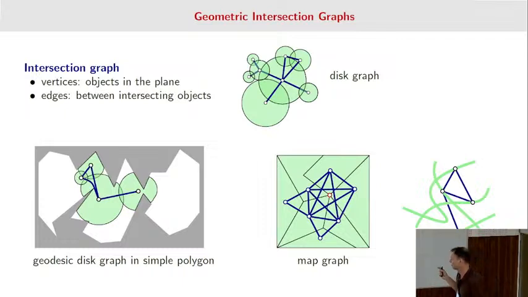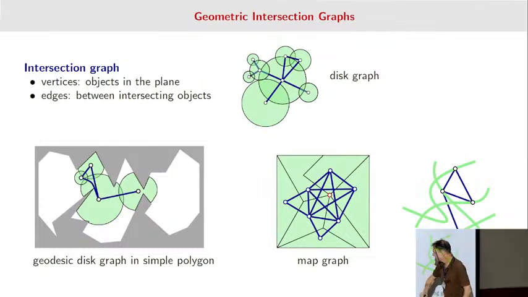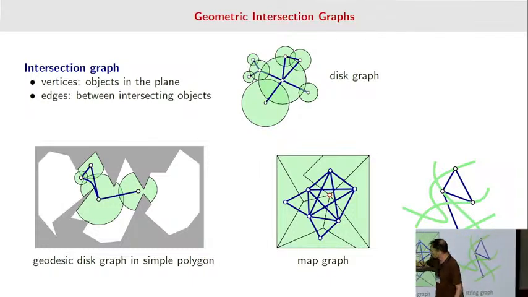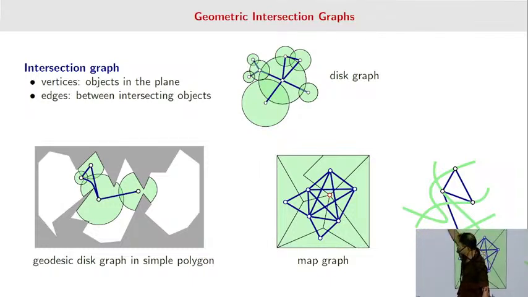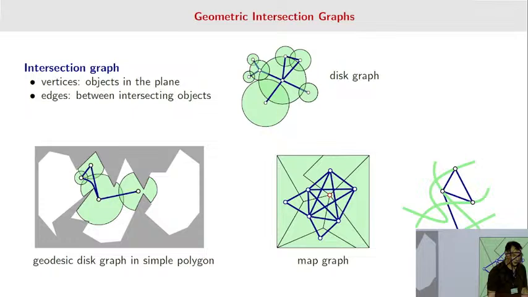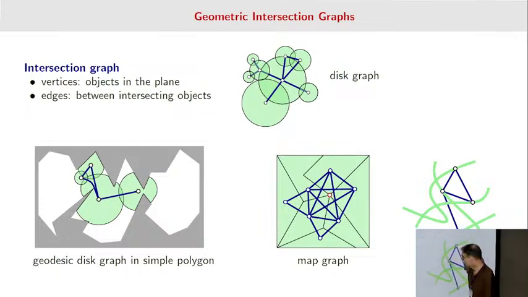So we started first looking at disk graphs, and then I'll also be talking a little bit about these other graphs. So here my disks are geodesic disks inside a polygon. Right? So I take a point, and then all points in the polygon at a certain distance, where I simply measure shortest path distance. I can look at map graphs.